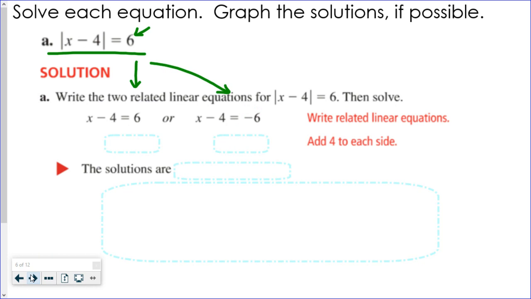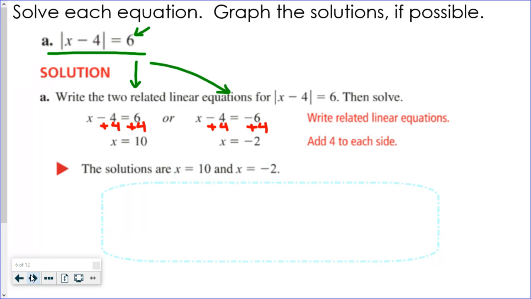Please note, I do not have the absolute value symbols again. Now they're gone when I write 2 equations. So here I'm going to add 4 to both sides, and what do you get? 10. And I'm going to do the same thing here, and what do you get here? Negative 2. So I am going to get 2 answers, 10 and negative 2.